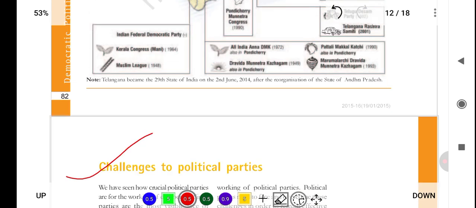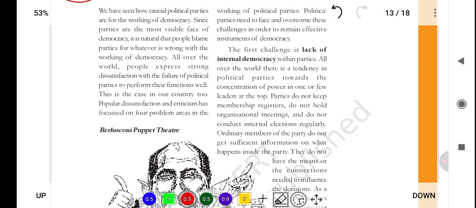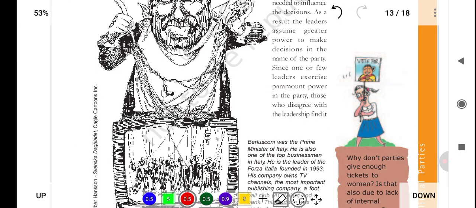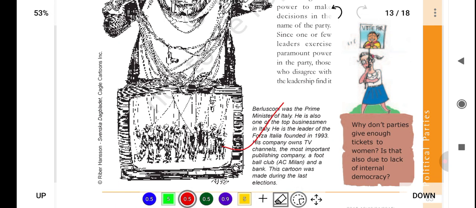Challenges to political parties. You can download the PDF of this chapter and have a look at this page, or if you don't want, you can also skip it. Not that necessary. Challenges to political parties. Lack of internal democracy. This is actually a cartoon depicting the Prime Minister of Italy. So you can pause the video and take a look at it and also read this question.